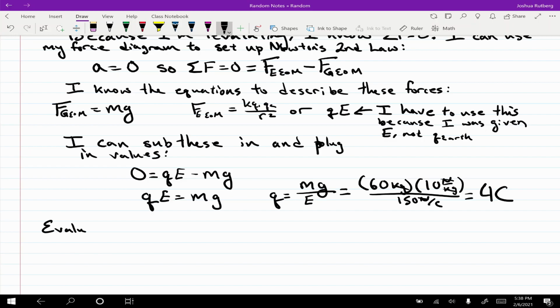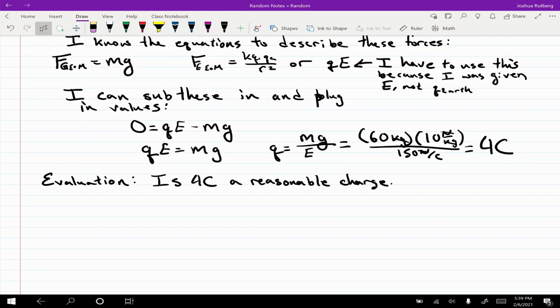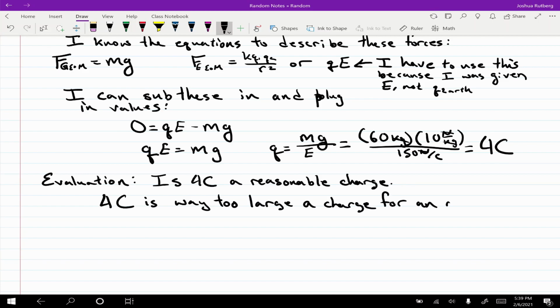So now an evaluation. Is 4 coulombs a reasonable charge? And I'm going to say something that's a little bit counterintuitive here. I'm going to say that 4 coulombs is way too large a charge for an object to have.